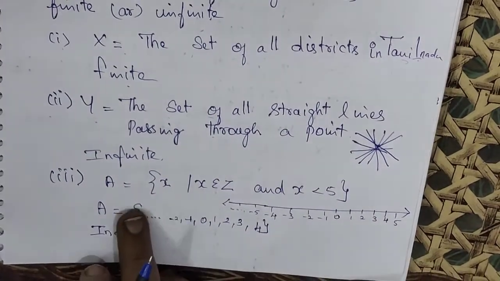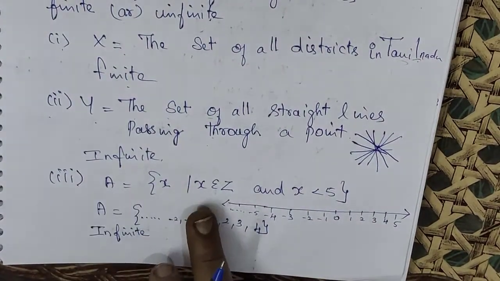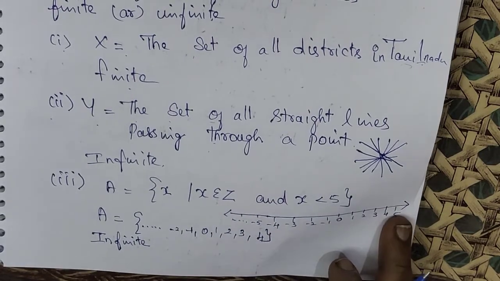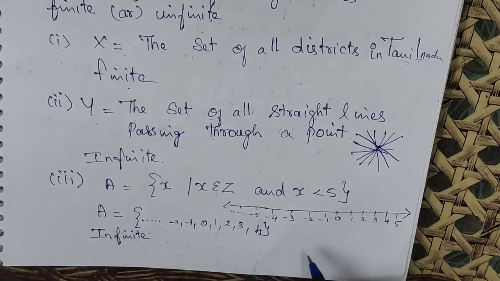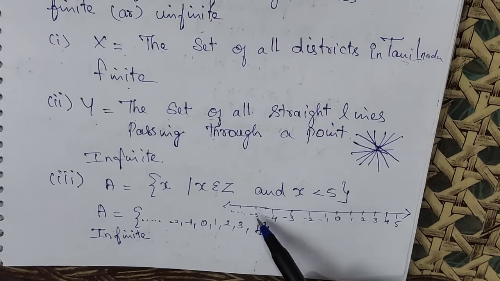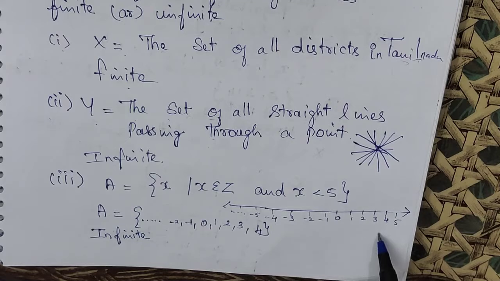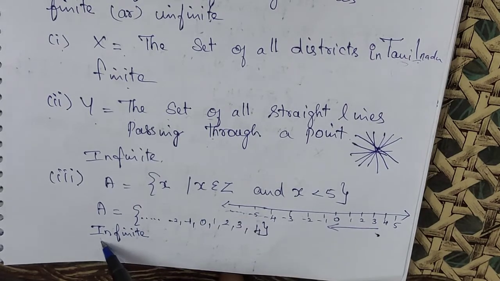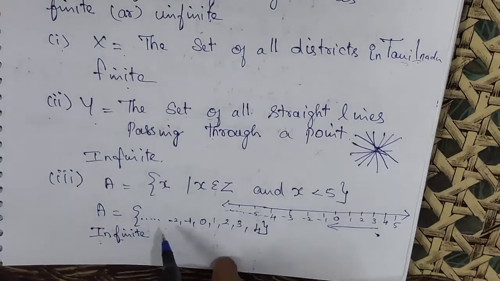Third question is set A equals the set of all x such that x belongs to Z and x is less than 5. On a number line, if we want to get a number less than 5, we go to the left hand side and it goes on. So it is infinite.